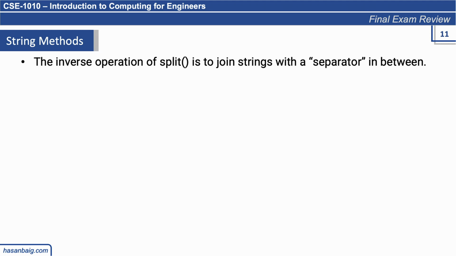In the join method, it will take as input a list containing a number of elements, and then it will join them together around the separator. So here is the syntax. We first specify the separator, and then we specify the string to join. So it's a list. It will take a single list containing multiple elements, and we can join those elements with the help of a separator.